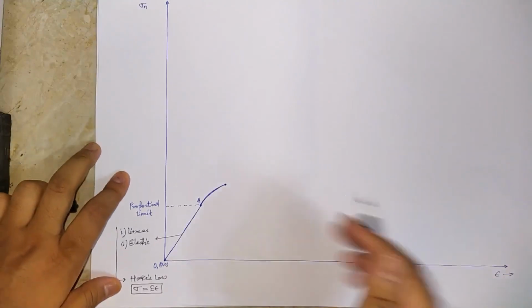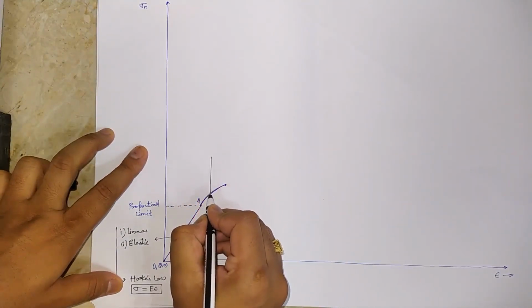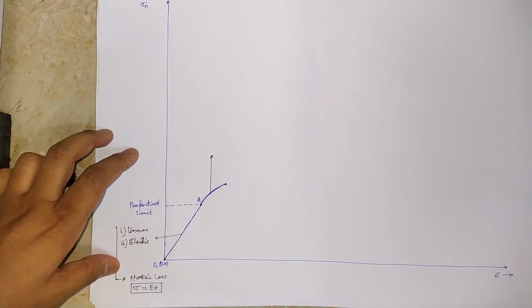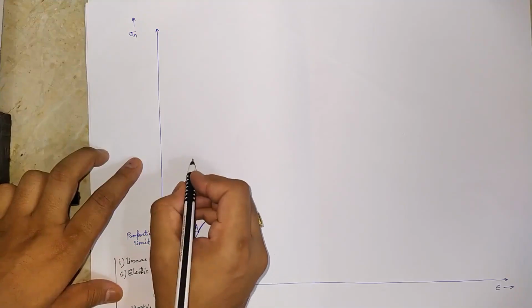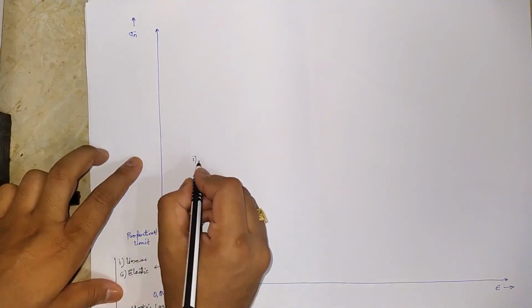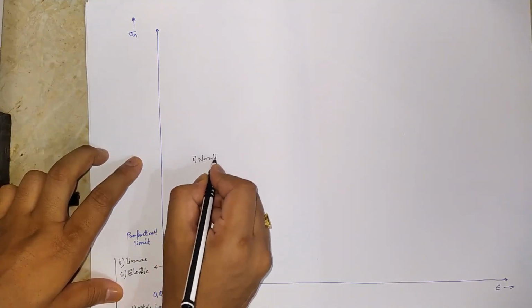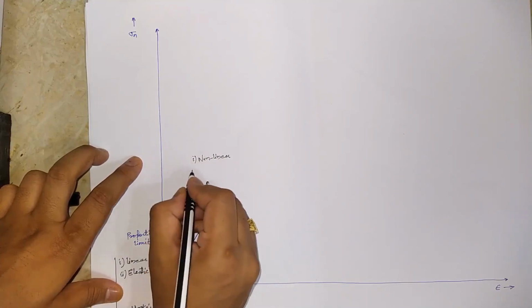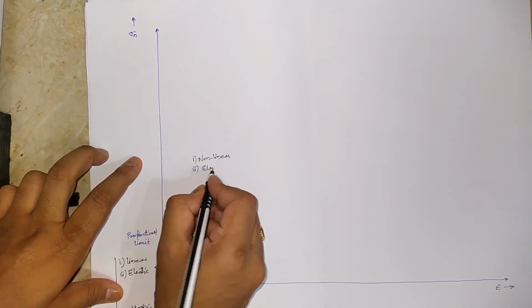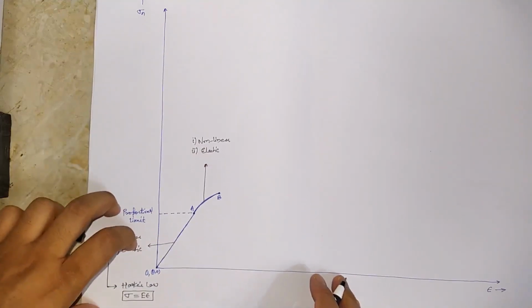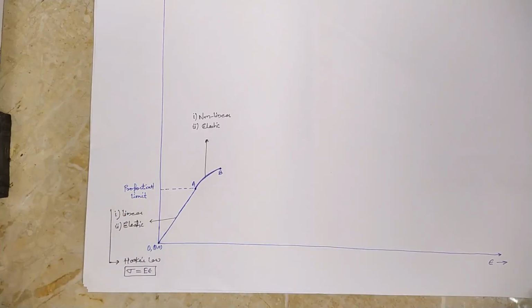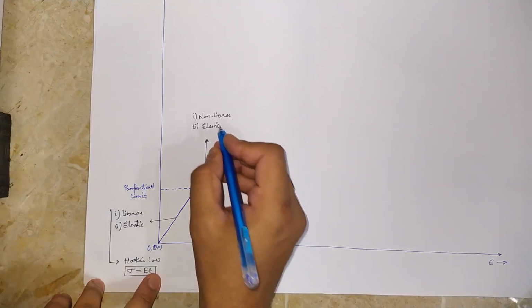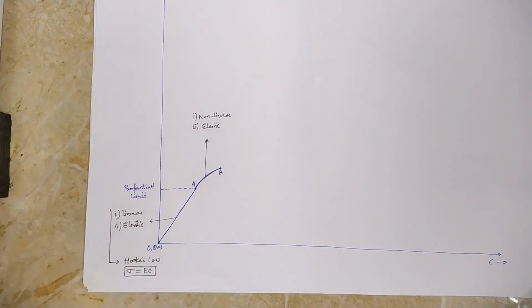So the characteristic of the curve between point A and point B is, first, non-linear, and second, elastic. So the material in the stretch from A to B behaves in a non-linear manner, but it is elastic.